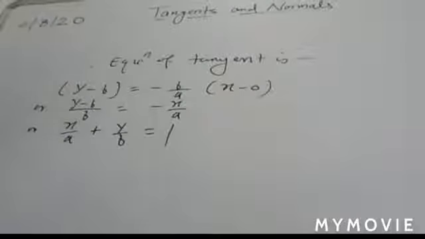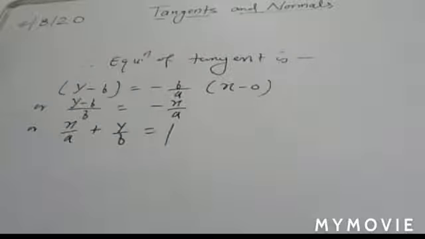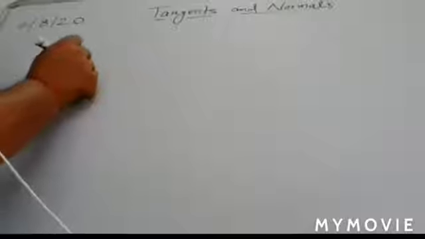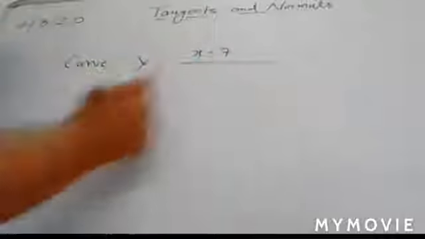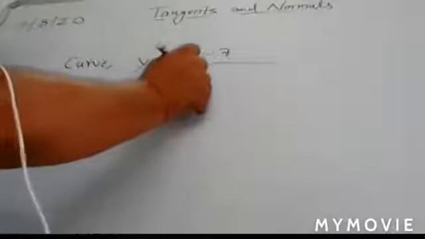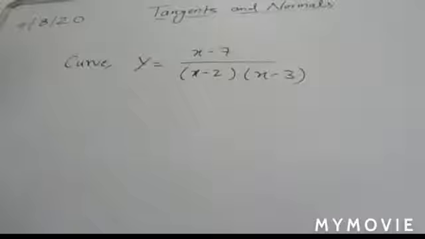Right, next question that was asked in 2010. Find the equation of tangent and normal to the curve y = (x − 7)/((x − 2)(x − 3)) at the point where it cuts the x-axis.